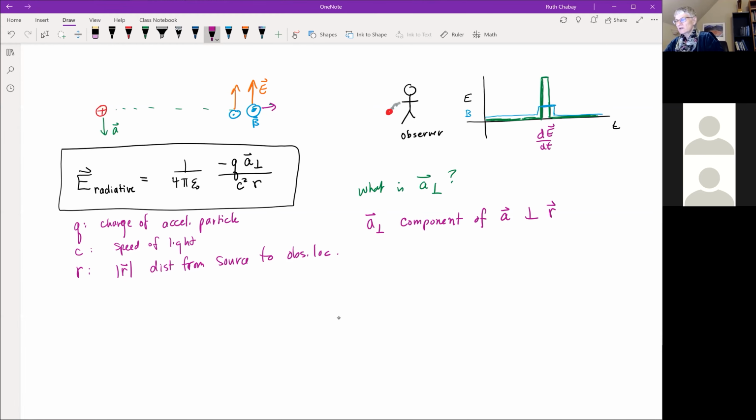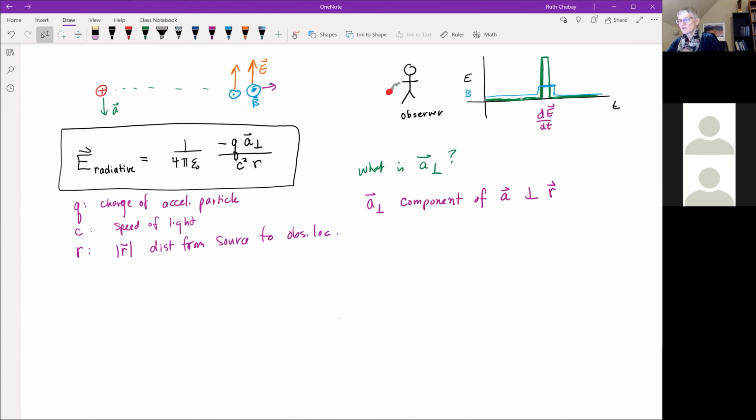And it looks like for a positive charge here from this equation, the radiative electric field is going to be in the opposite direction from the direction of this A perpendicular.